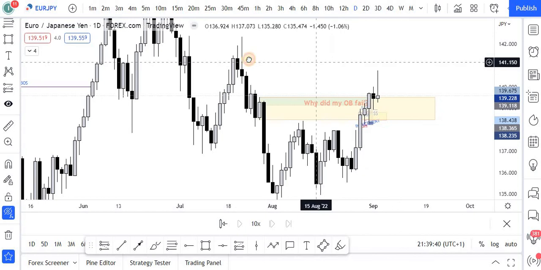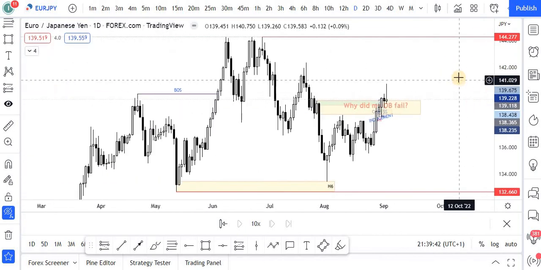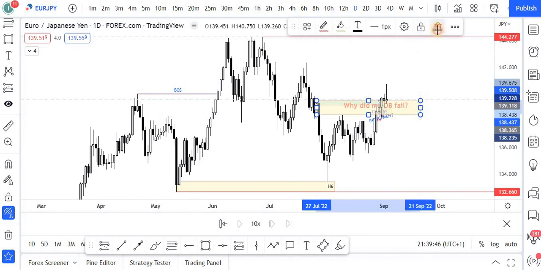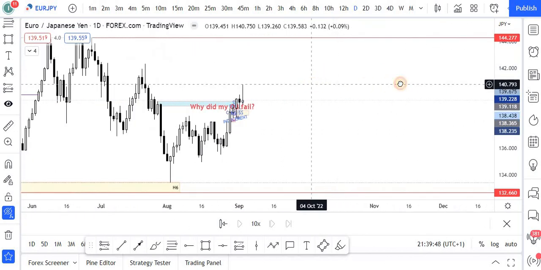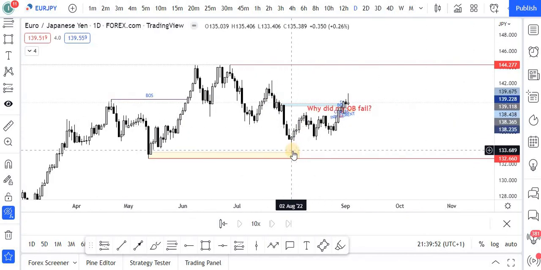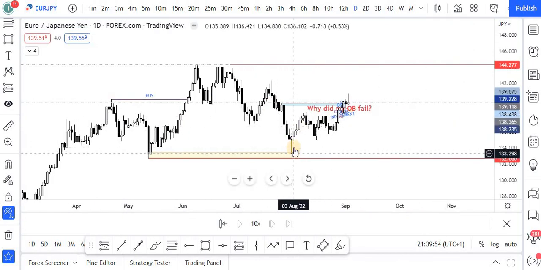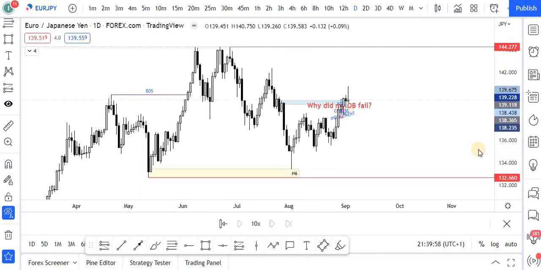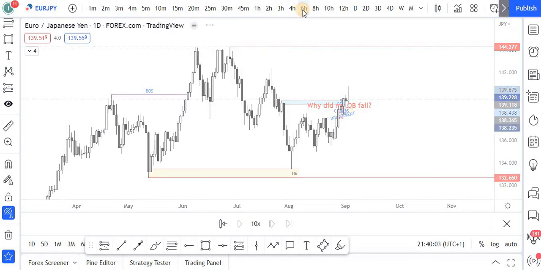Because the OB is most likely in the wrong direction. We are trading the OB in the wrong direction, and you can see that price is most likely reacting from this particular OB.